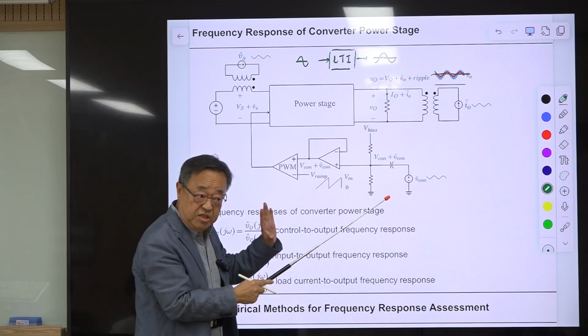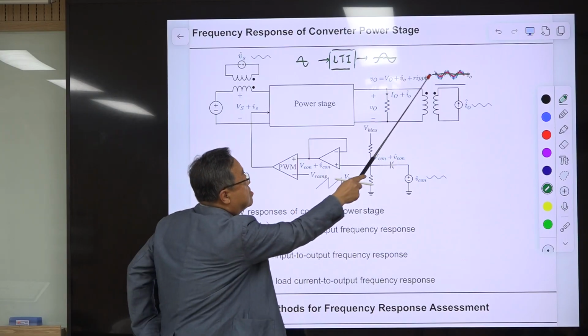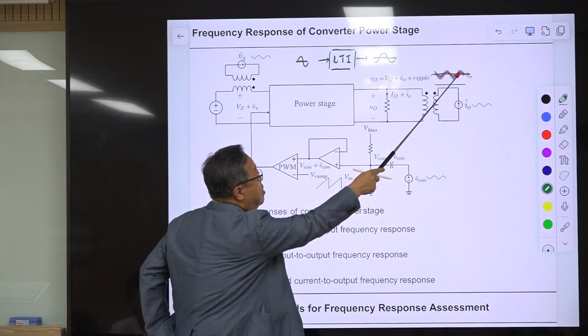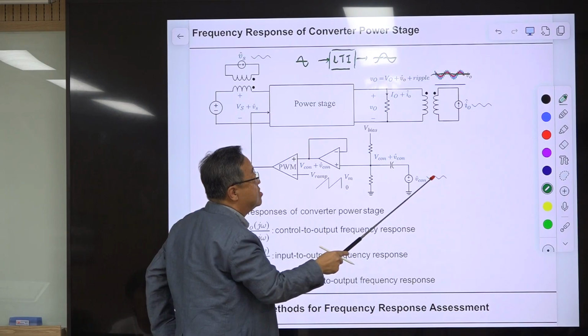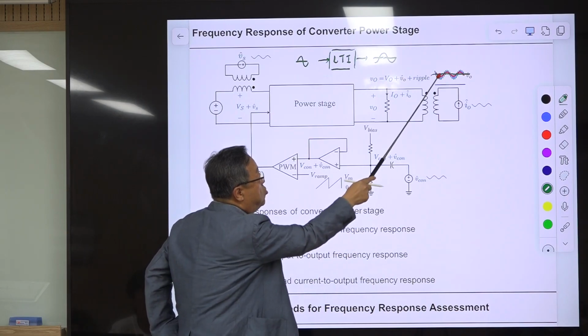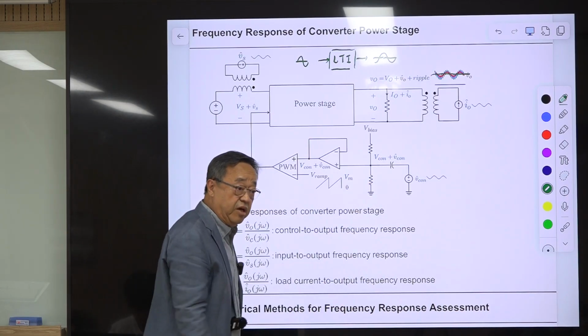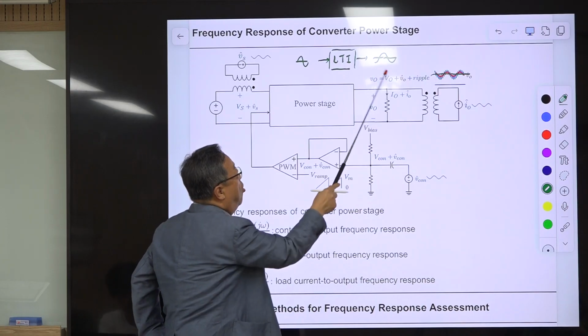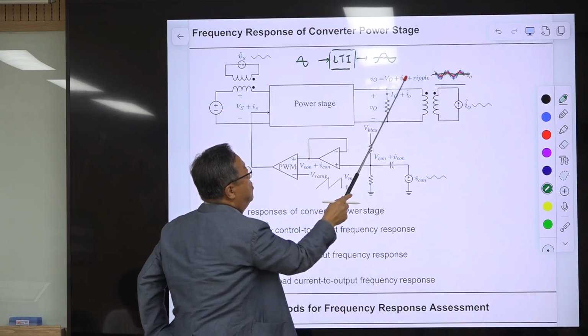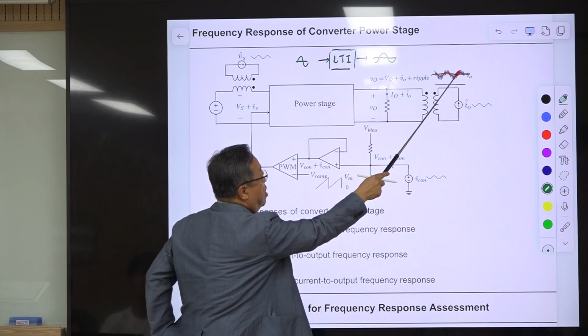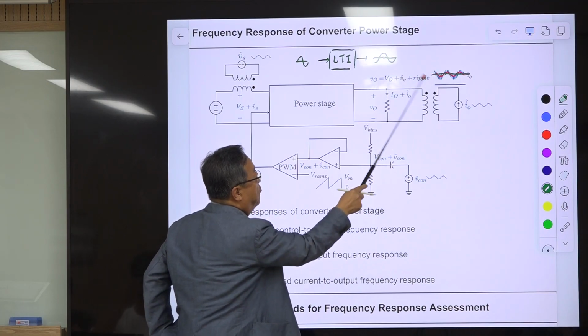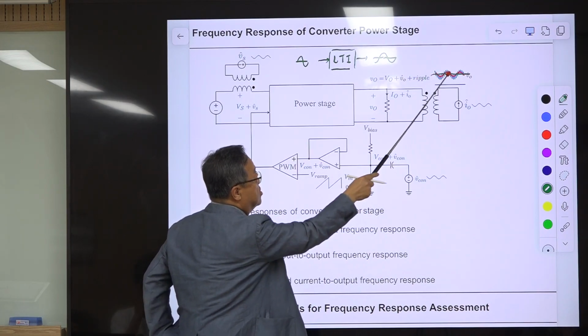Okay, that is reasonable. So suppose this red curve is sinusoidal with the same frequency, which is much lower than the switching frequency. Okay, so this is the sum of the DC component, this low frequency sinusoidal component and the high frequency switching ripple component, which is this.